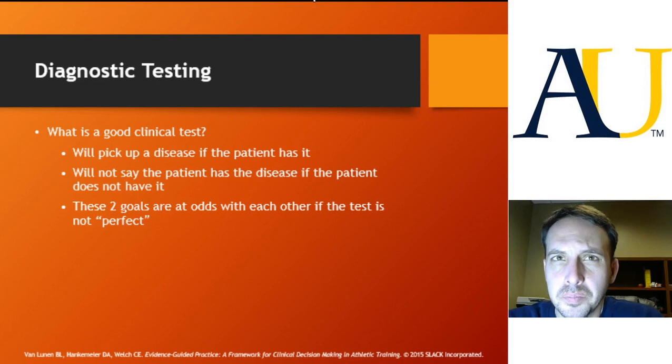And so what we want to do is be able to use clinical tests that will be able to predict whether or not a patient has a specific condition or not. And so the idea often is with these that it's very difficult for clinical tests to both be able to accurately predict everybody that has a condition as well as rule out everybody that does not have a condition.